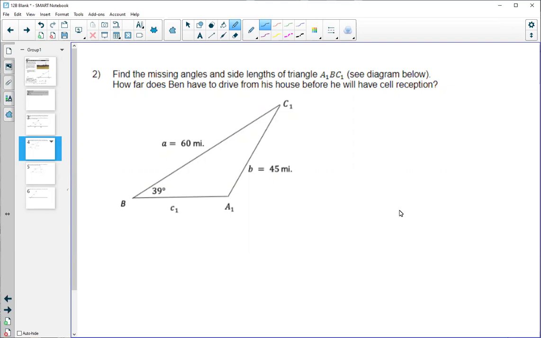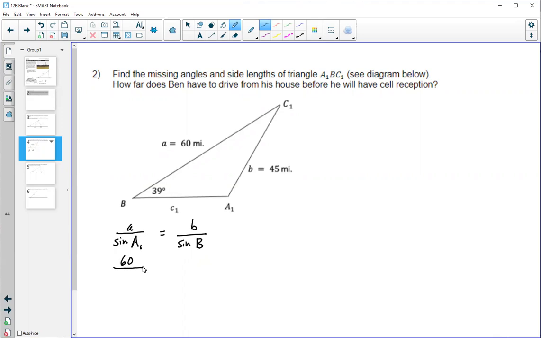So what we want to do is look at the triangle here, and I know that we have side A over the sine of angle A1, and we're going to set that equal to side B over the sine of B. If we go ahead and fill in what we can here, we see that A is 60.